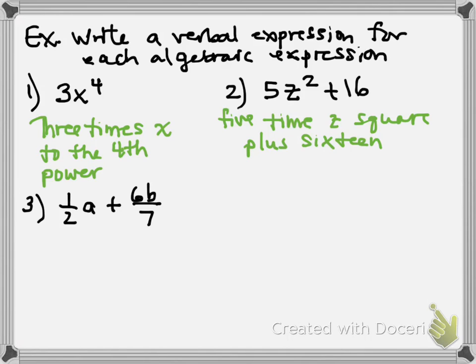I don't think I agree with that last part. I think something happened. Patrick. 1/2 times a plus 6b divided by 7. Okay. All right. That could work. Perry? 1/2 times a plus 6 times b divided by 7.